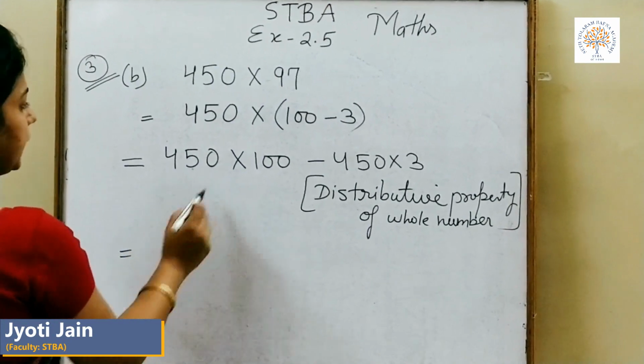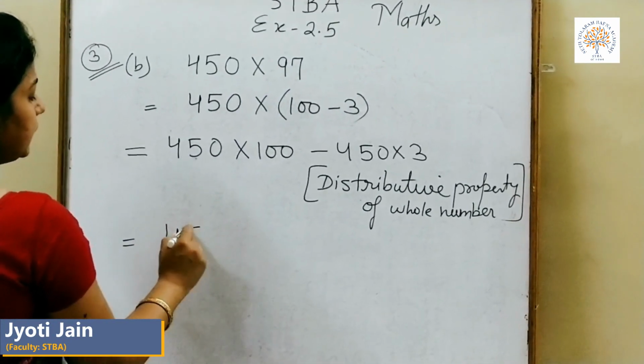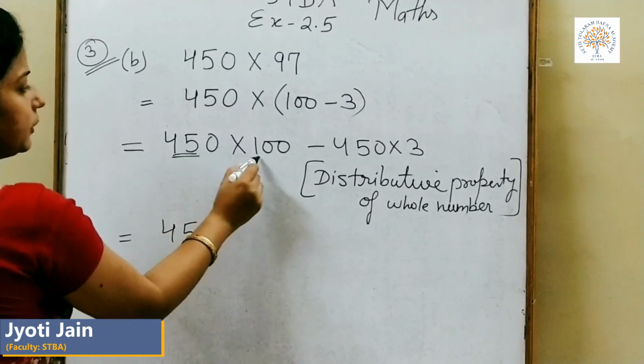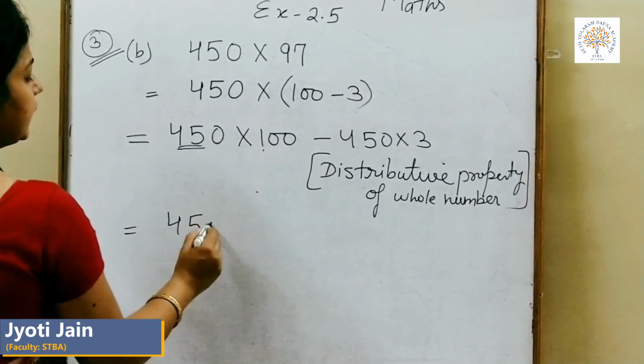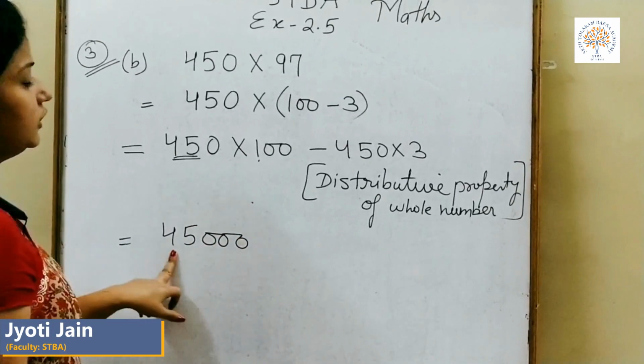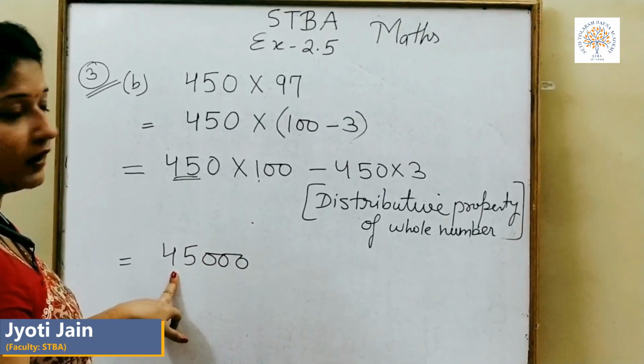So 450 multiplied by 100, easily we can multiply it. 45 will be multiplied by 1 and we will count the 0s here. So 1, 2, 3, there are 3 zeros. So this will become 45,000.